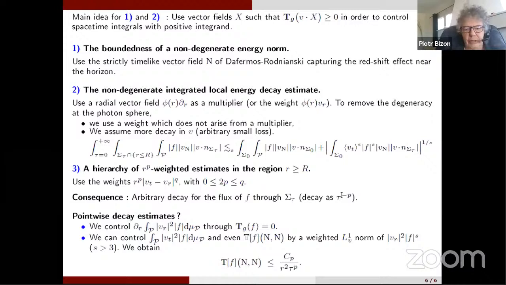I have a question. I guess it's clear that this cannot work for massive Vlasov because you have stationary solutions. But does it mean that you would expect some instability for massive Vlasov on Schwarzschild? Right, yeah, I think there is a result of Olivier Sarbach about that.